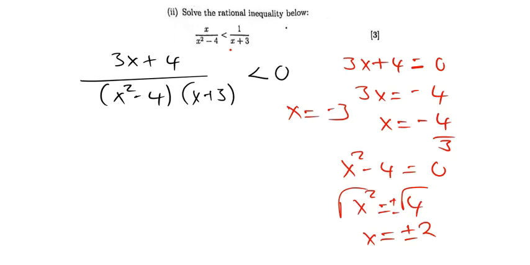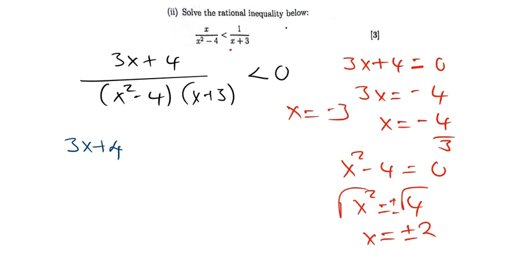And then in terms of distribution, since there are three things, yeah, there are three things actually. So we have 3x plus 4, and then the x squared minus 4.